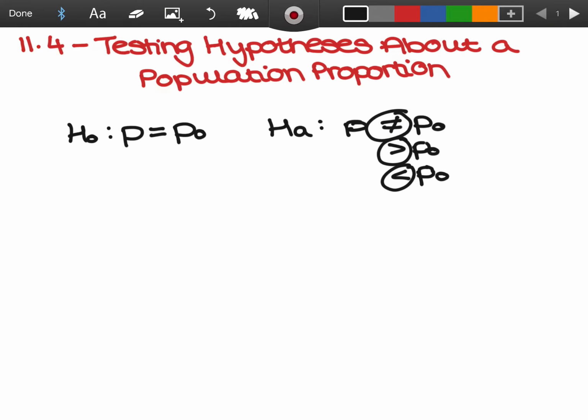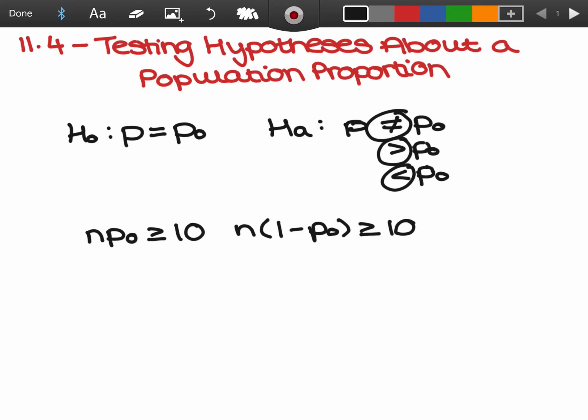Now when you do this, okay, something that you have to be aware of, and we did cover this when we did proportions at the start, a few chapters back, you have to have that your sample size times that population proportion value is greater than or equal to 10, and you have to have that the sample size times the proportion of people that don't have that characteristic, so it's 1 minus P0, okay, P0 is the proportion of people that have the characteristic, 1 minus P0 would be the proportion of people that don't have the characteristic.